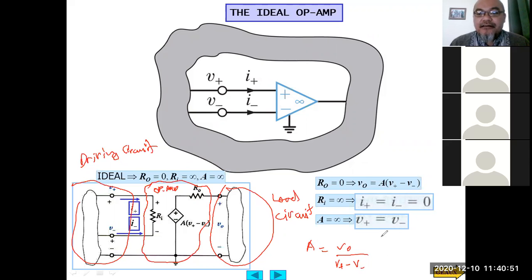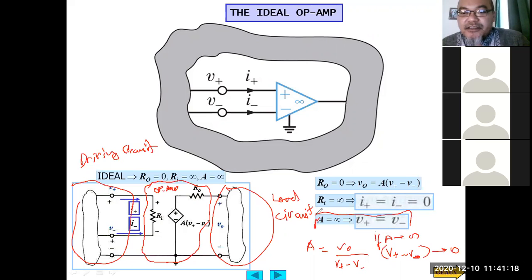If A is infinity, it means V plus minus V minus is approaching 0, very small. So V plus almost equals V minus. This is the third assumption in ideal op-amp. Throughout this chapter, you will be using these three assumptions to solve any circuit problem related to op-amp.